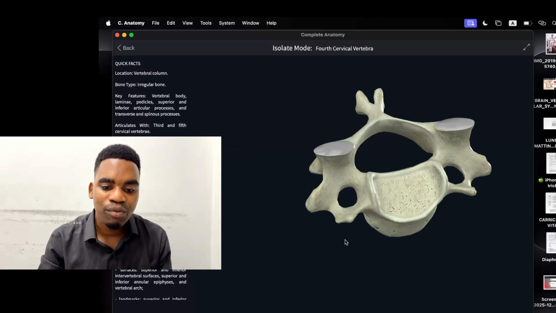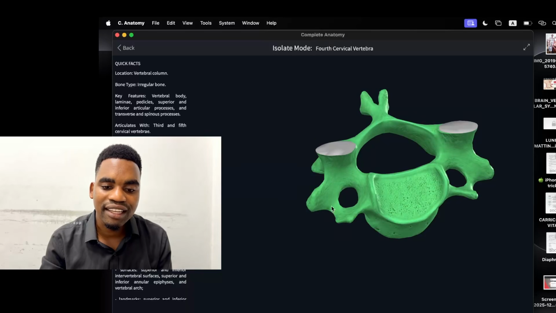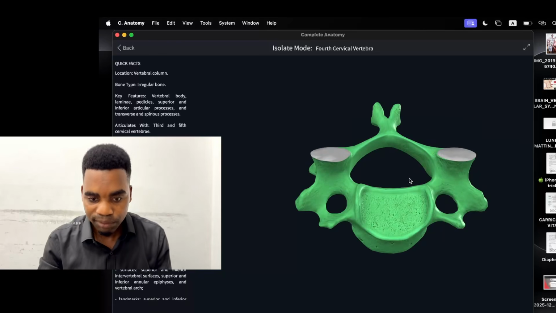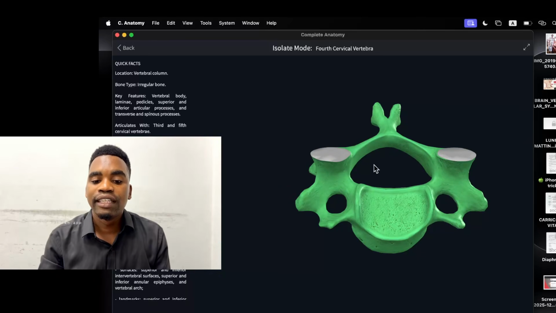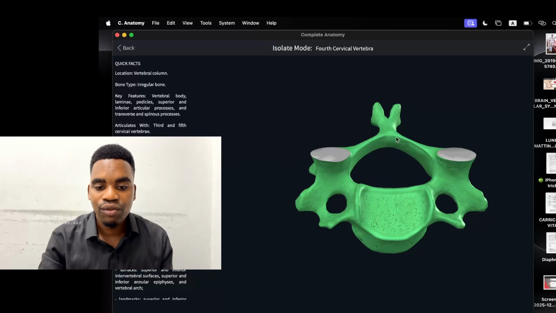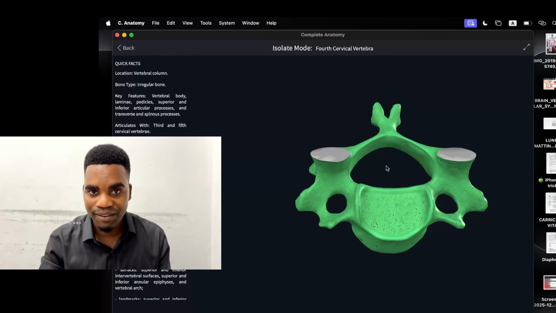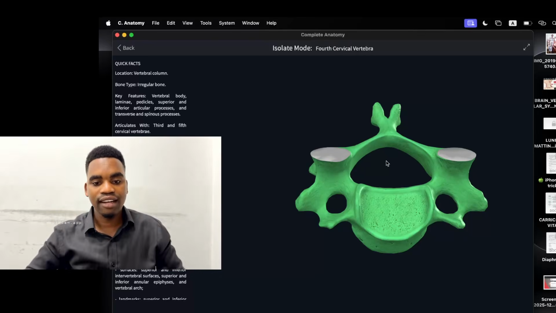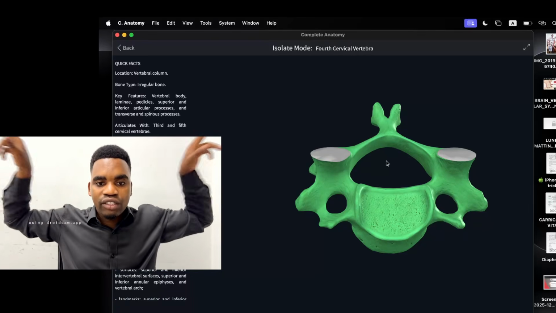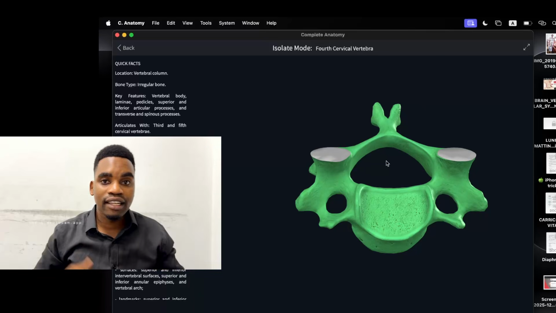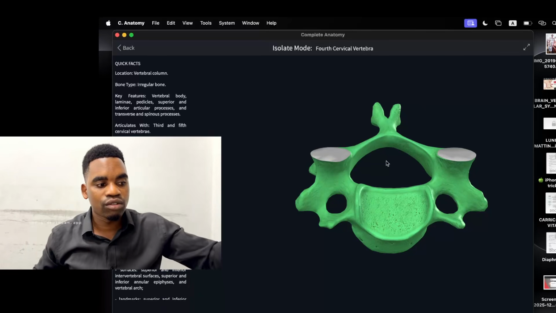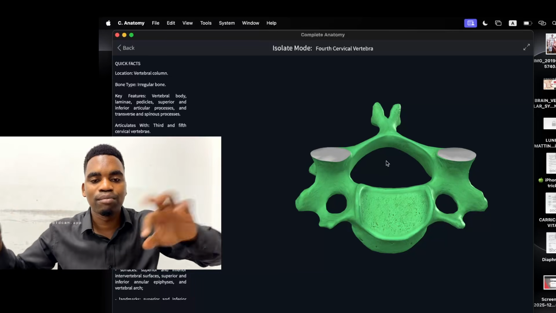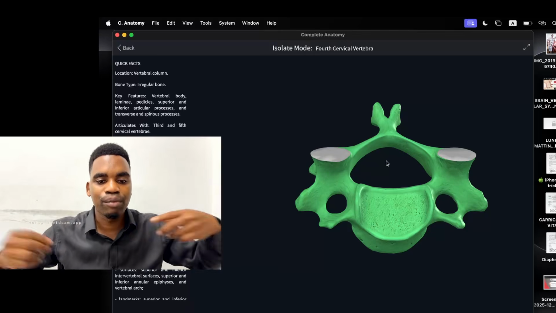Again, between the anterior tubercle and the posterior tubercle, we have a depression here, and this depression is called the groove for the spinal nerve. Remember, guys, the spinal cord is passing through the vertebral foramen, right? But as it passes through the vertebral foramina, which is now the vertebral canal, it gives branches, it gives spinal nerves. And we've already seen how spinal nerves are formed, like the dorsal root and the ventral root, they join to form a spinal nerve, and the spinal nerve will divide into rami, anterior and posterior ramus.